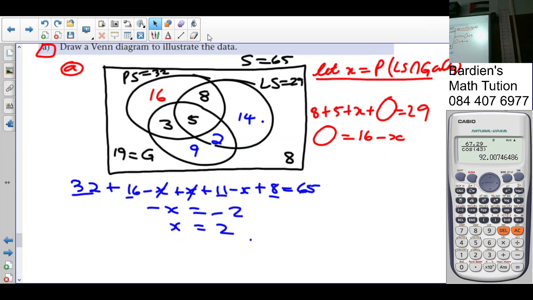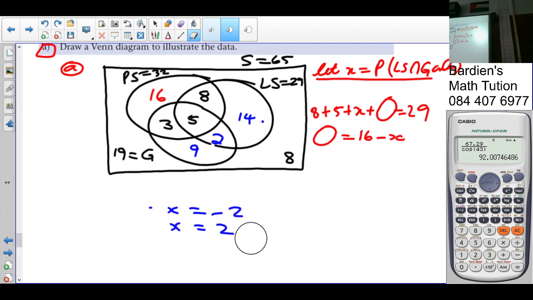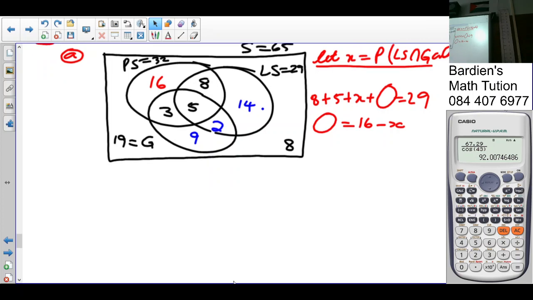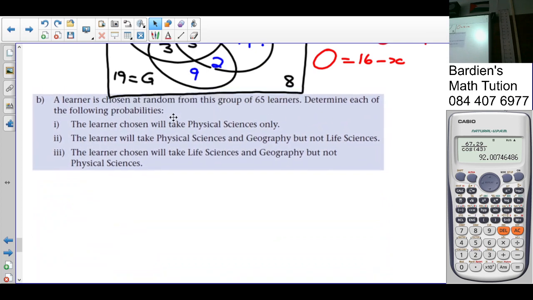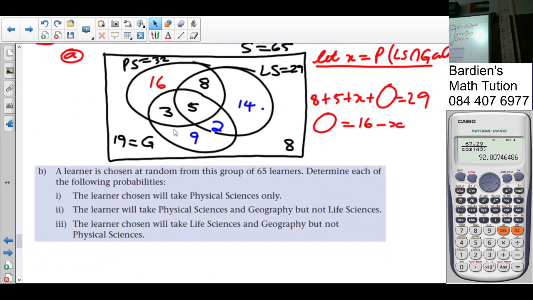Now let's look at the questions pertaining to this Venn diagram. The first question, B, says, a learner is chosen at random from the group of 65 learners.